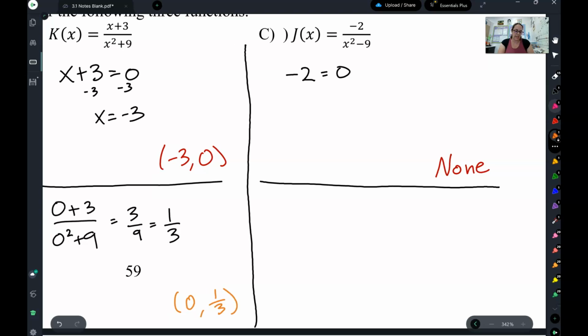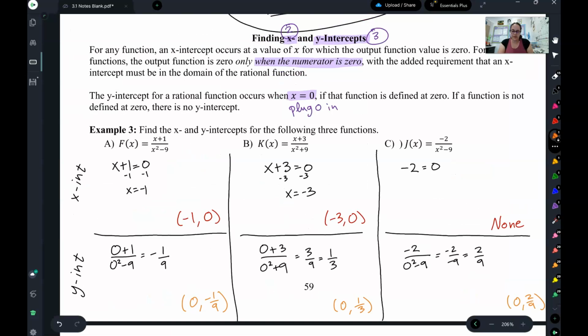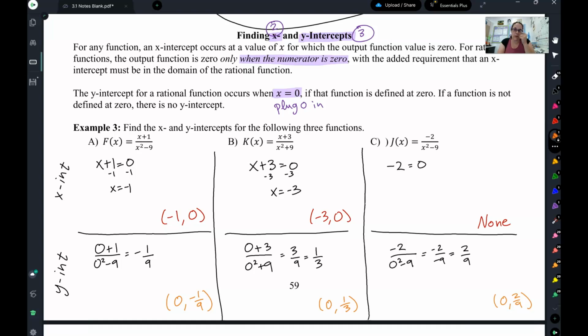And C. Plug 0 in. Get 0 squared minus 9. That gives me negative 2 over negative 9, which is 2/9. Write that as a point. And that's how we do our y-intercepts. Now, before I end this video, so we can move on to our next rule, one last thing we should mention about x-intercepts.